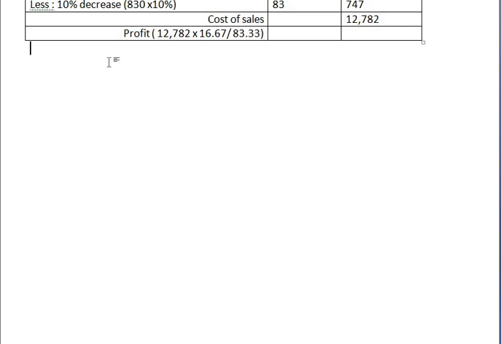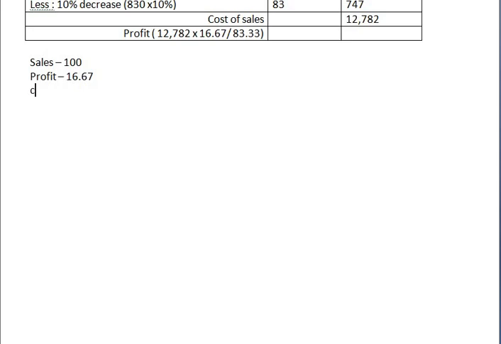So we used to assume sales as 100, right? See, we used to assume here sales 100 and profit 16.67.